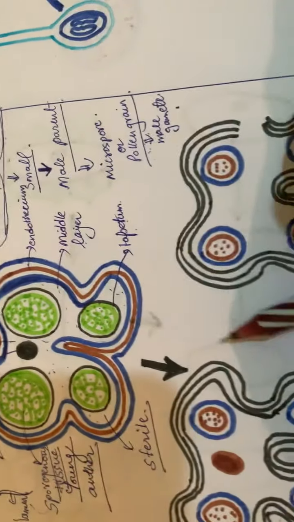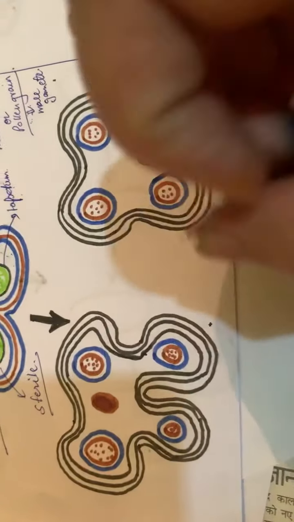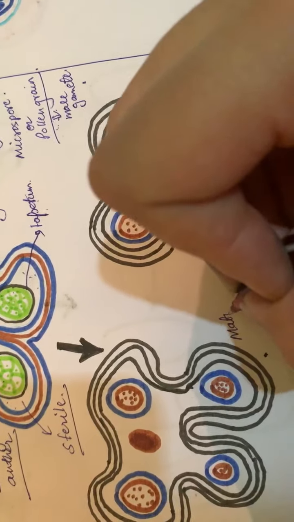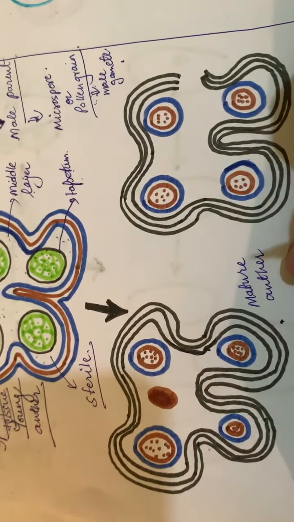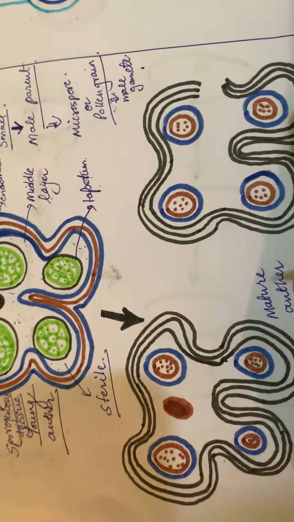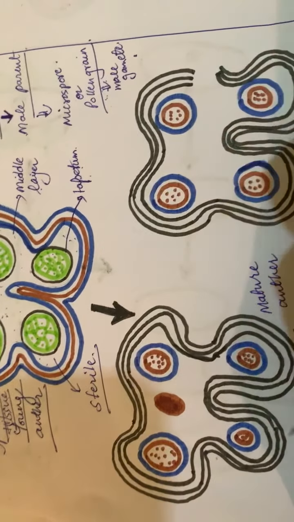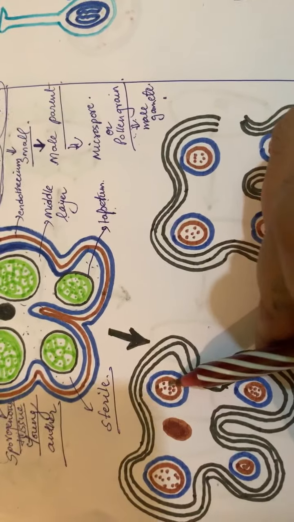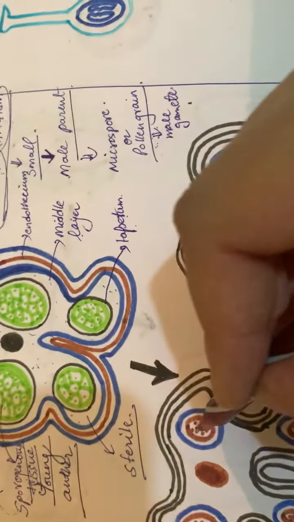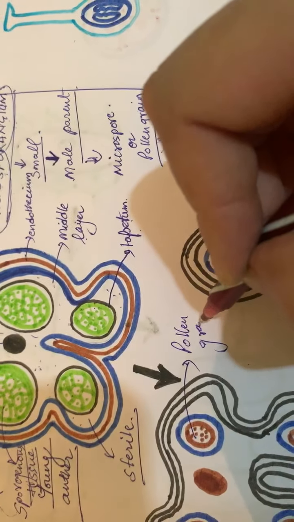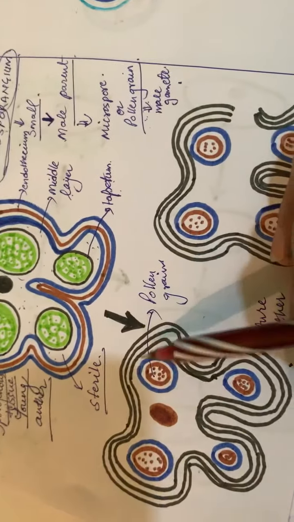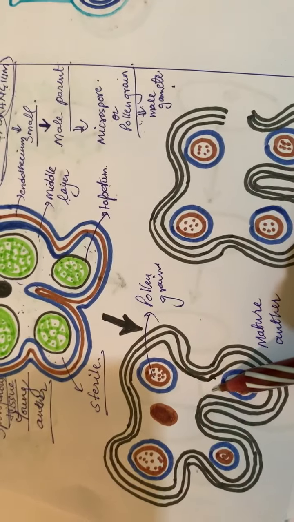Okay, up next, let's come here when they undergo maturation. This is a mature anther or mature microsporangium. Okay, what happens here? The sporogenous tissue undergoes division and forms pollen grains. Okay, now the pollen grains have been formed inside.